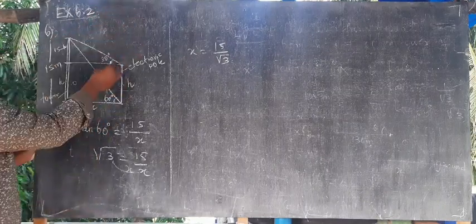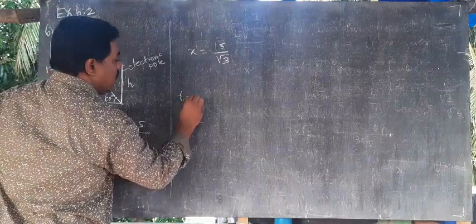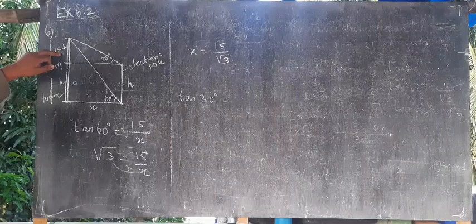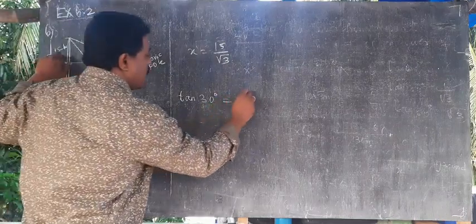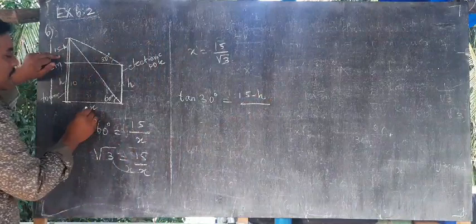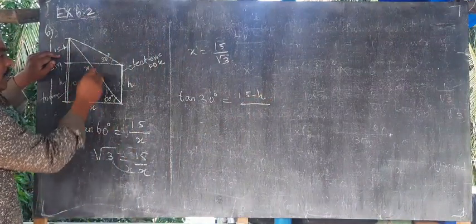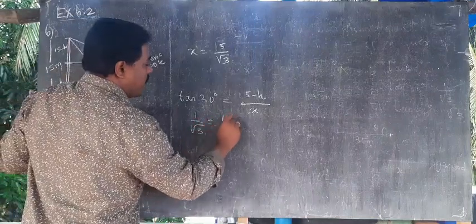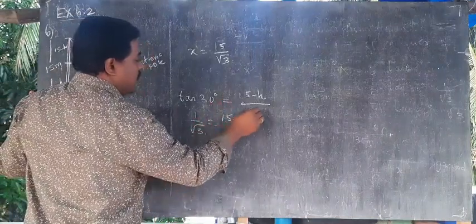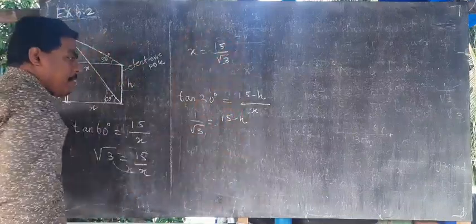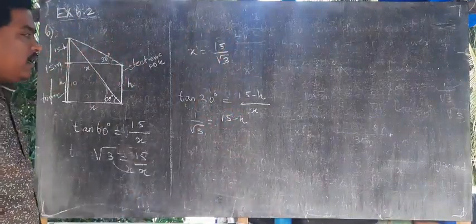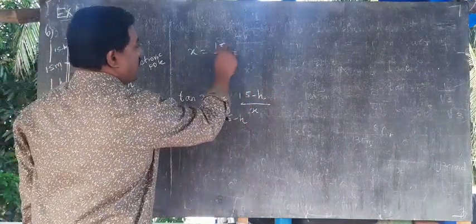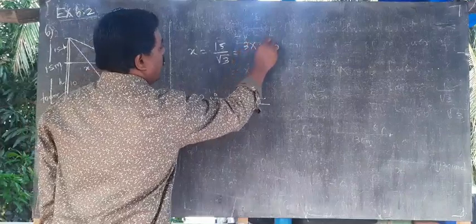Right. So tan 30 degrees equals opposite, 15 minus h, by adjacent, x. Tan 30 is 1 by root 3, so 1 by root 3 equals (15 minus h) by x. So x equals 15 by root 3. This 15 I write as 3 into 5.